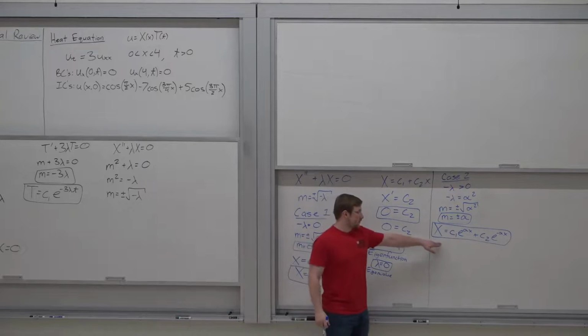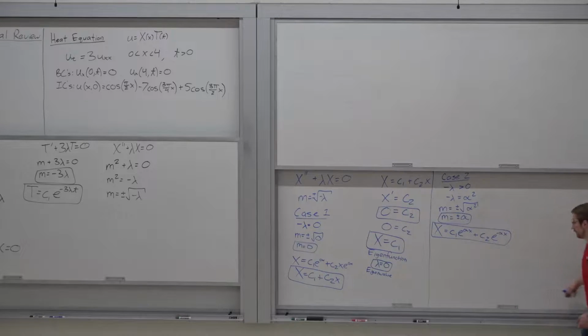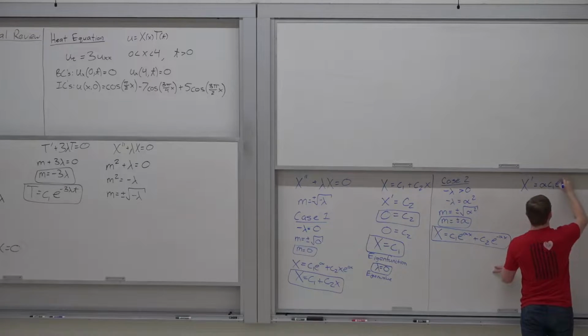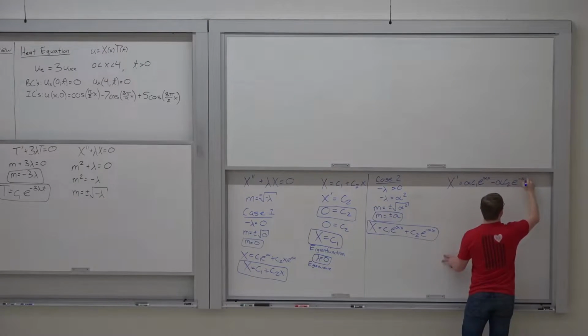So first thing that we do is we have to take our derivative because both of our boundary conditions are defined for the derivative. So when I take the derivative of this, I get capital X prime is equal to alpha C1 e to the alpha x minus alpha C2 e to the negative alpha x.